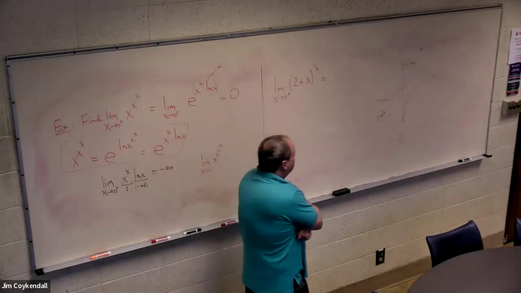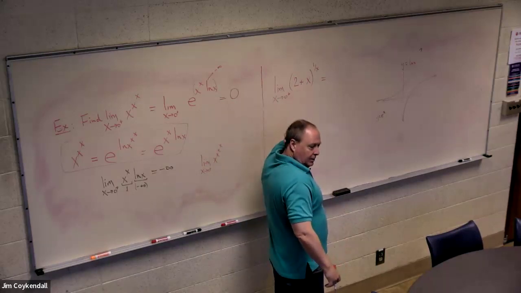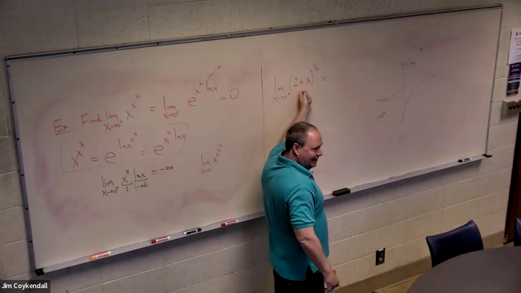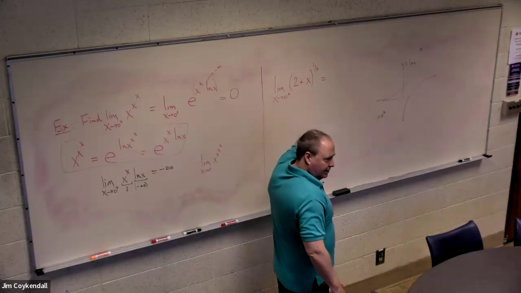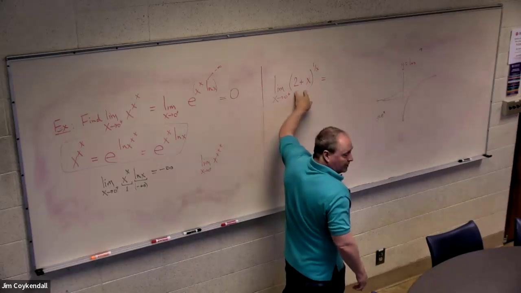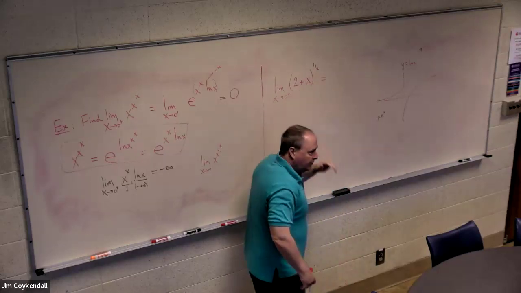Just think about this. What's the base getting close to? It's very, very close to zero. What's the base? Two. This is very close. How about the exponent? What's happening?